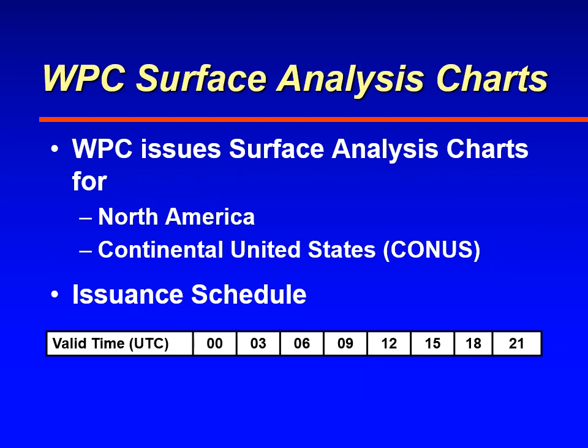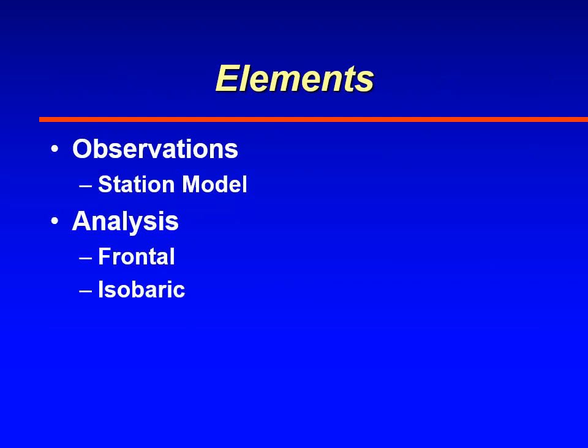The chart comes out every 3 hours. You don't need to memorize the issuance time, but the chart is issued at 0, 3, 6, 9, and so on. They have a projection for CONUS, in other words, the continental United States, and also a projection for North America.